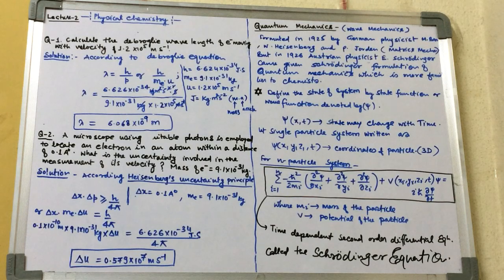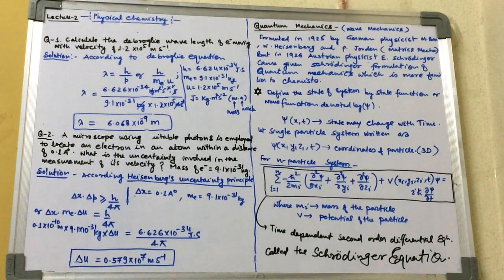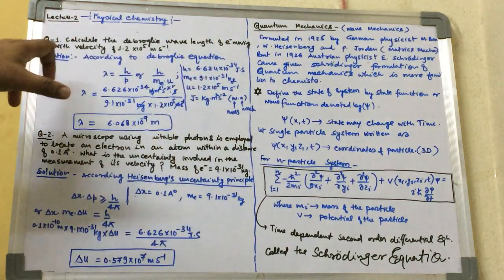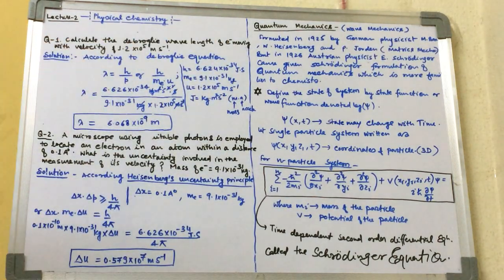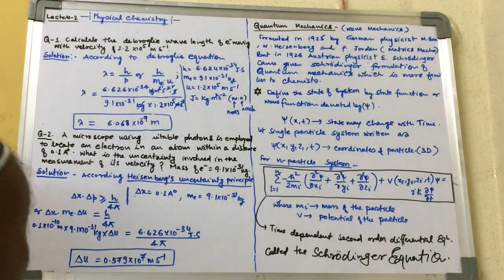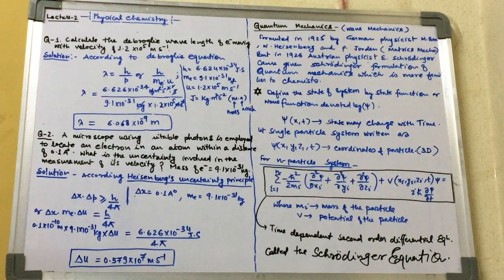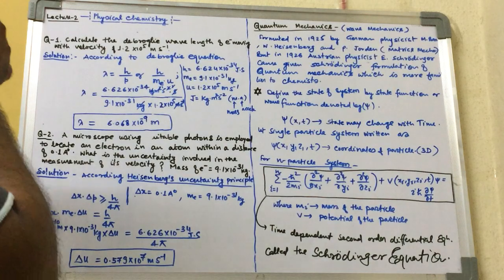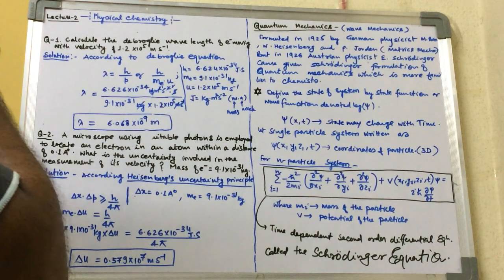This is a simple question: calculate the de Broglie wavelength of an electron moving with a velocity of 1.2 times 10 to the power 5 meter second inverse. So how to calculate this with the de Broglie wave equation? How to approach this type of question?